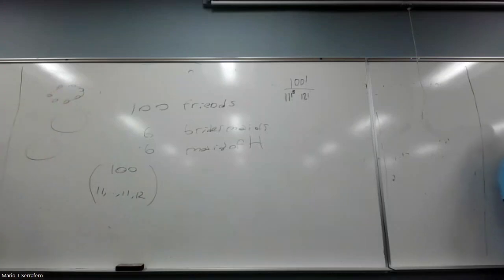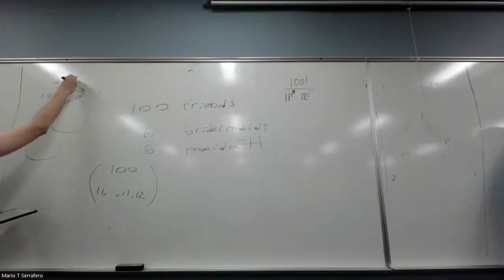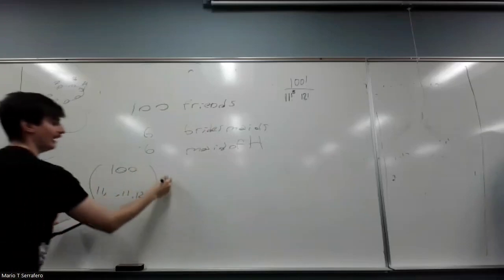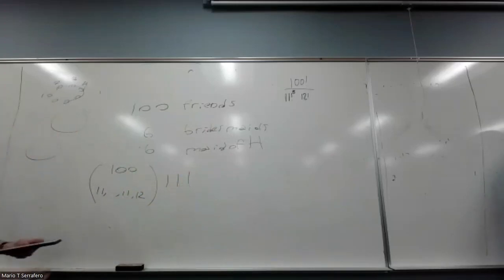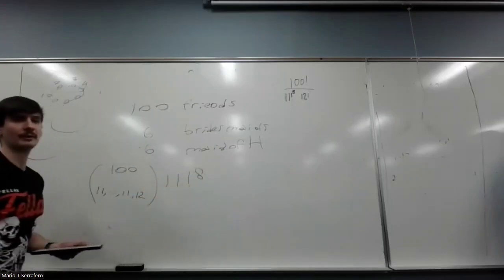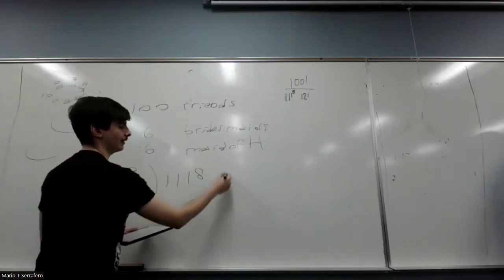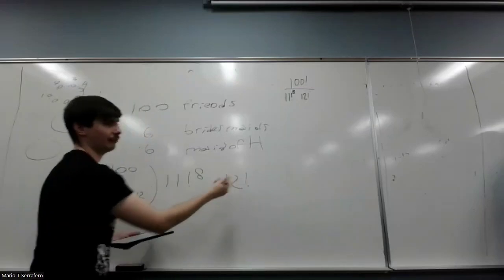If I have 11 people at this table, how many ways can I arrange them, where order matters because the seats are indexed? 11 factorial for the first table, and for the second table, and so on, 8 times, and then the same for the last one.